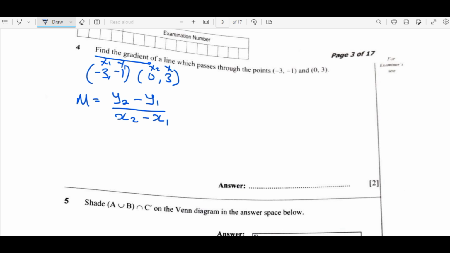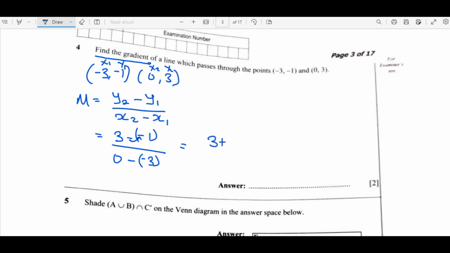So we can substitute: 3 minus -1 over 0 minus -3. Because we have a negative here and you multiply with this negative, we have a positive.